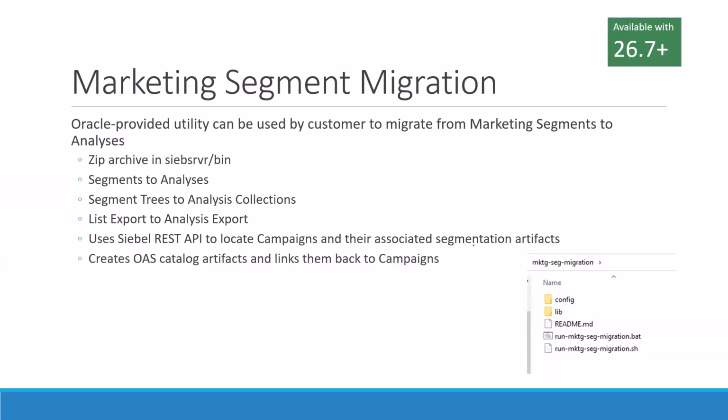It also gives the marketing customers who have been using Siebel Marketing for a long time a utility to migrate the marketing segments, which are now deprecated, to analysis, which is the new way of hooking up target lists made in analytics to campaigns.